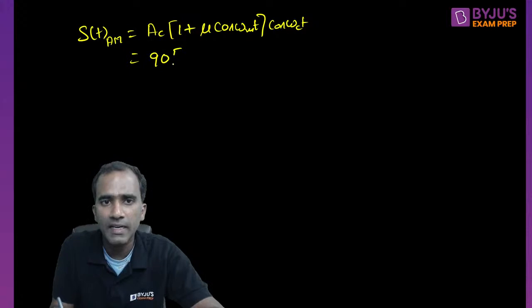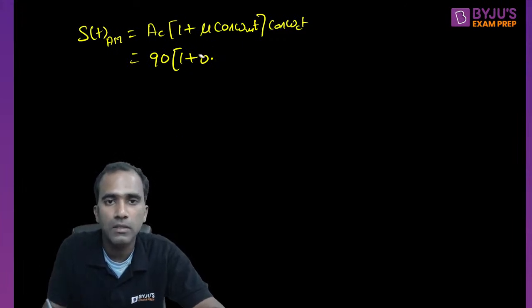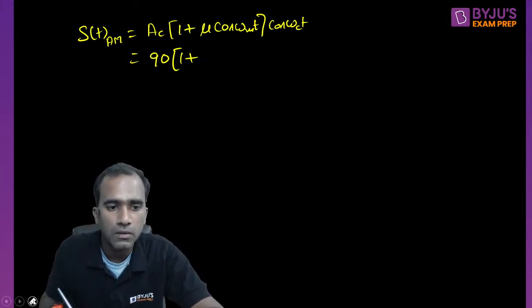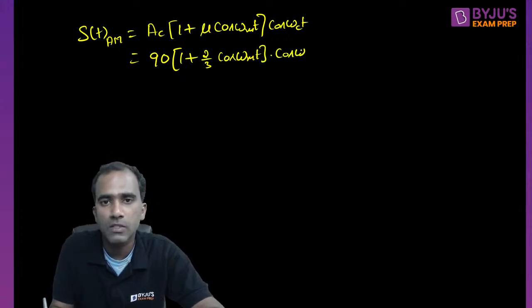AC is 90, we know that, plus the mu value, which is not 0.5, it is 2 by 3, cos omega mt into cos omega ct. So I have written the equation of whatever diagram is given in the previous slide.